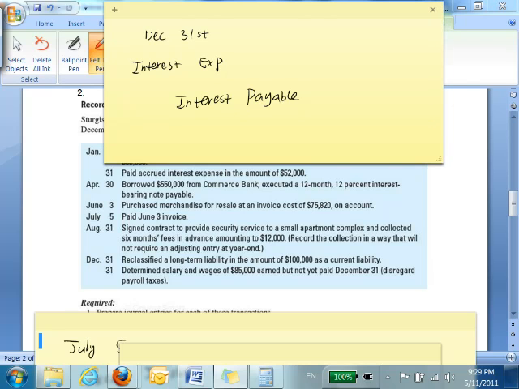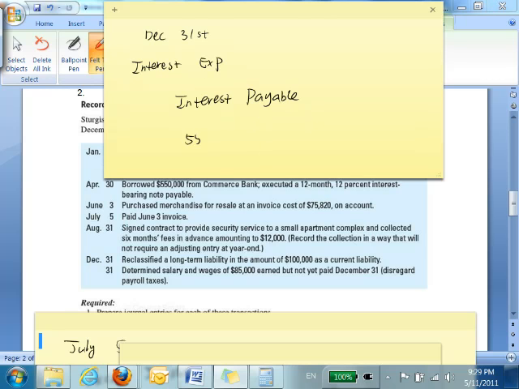What's the amount for the interest? Okay, we have the principal, $550,000, times 12% interest rate. This is for 1 year, right? And the money was borrowed from April 30th to the end of the year, December 31st. How many months in between?